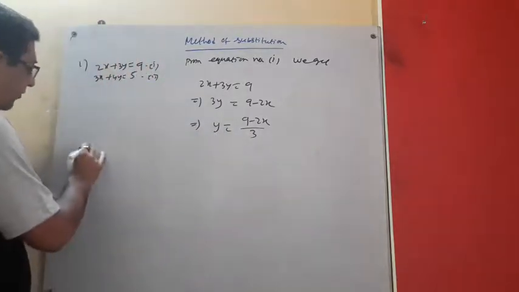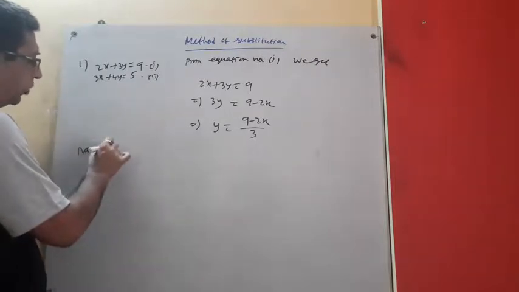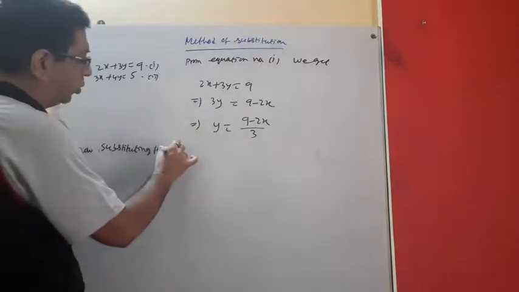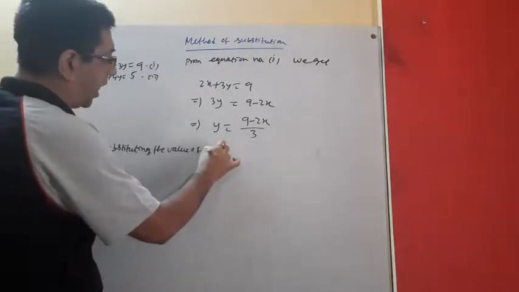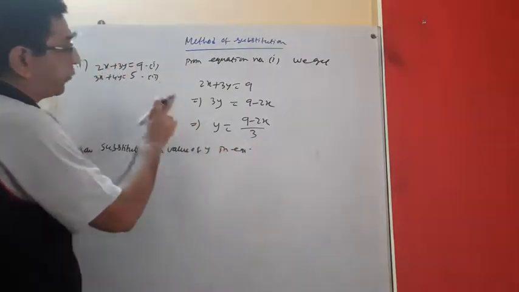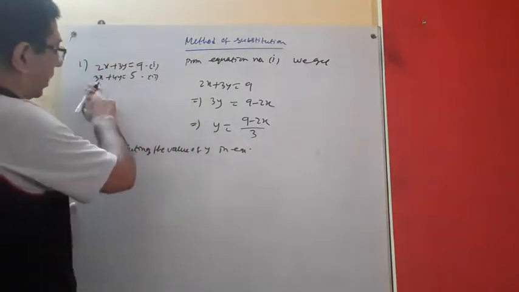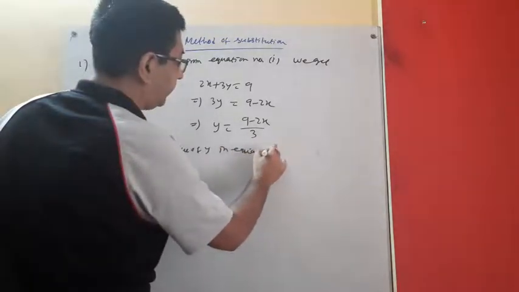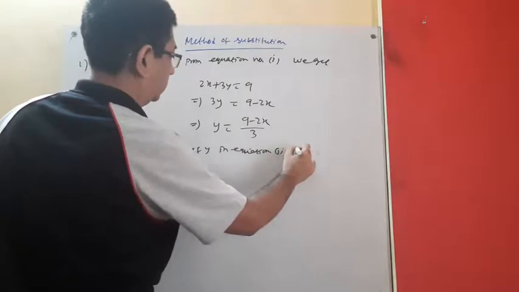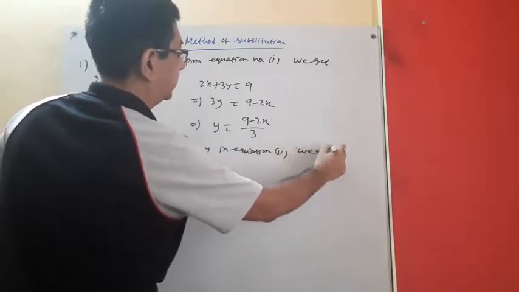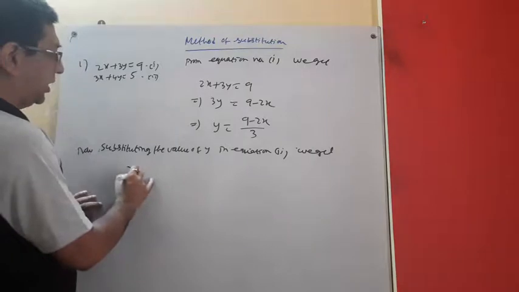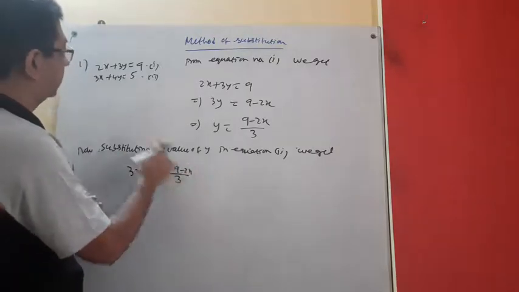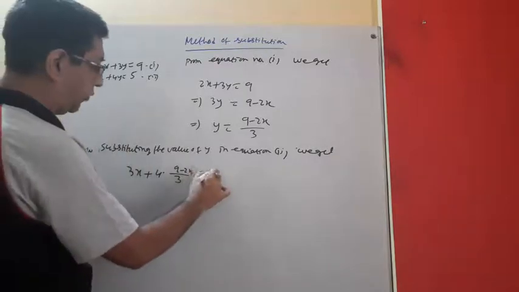Now substituting the value of y, which we got from equation 1, into equation 2. We get 3x plus 4 times y, and y is (9 minus 2x) by 3, equal to 5.